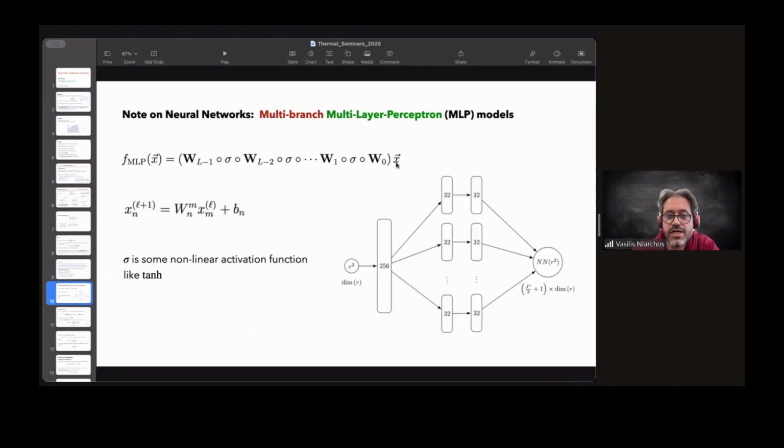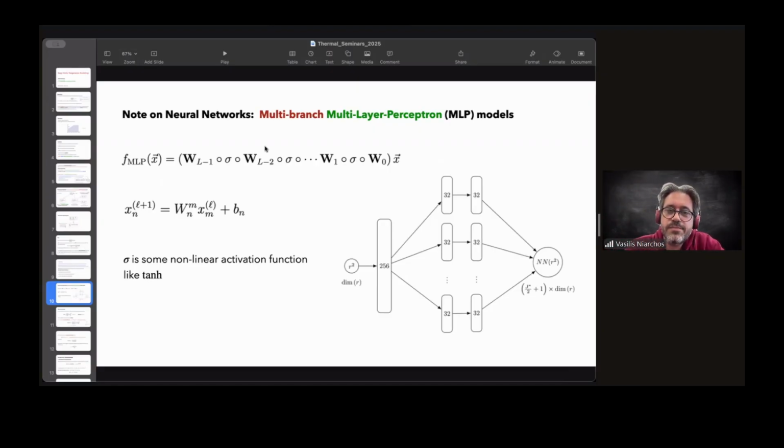So you act on X with an affine transformation in this way here. Then you compose element-wise on this vector a nonlinear function, for example, a function like tanh. Then you do it many times, and each time you have a different layer. And this is how you produce a function. And there are universal approximation theorems that tell you that if you choose these layers wide enough, then you can approximate any function in some general class of functions.